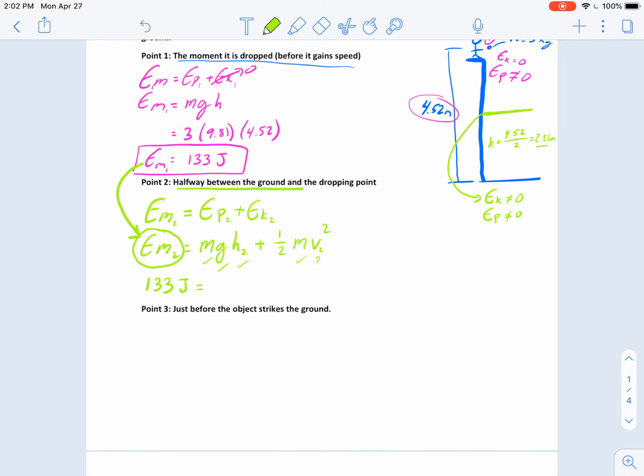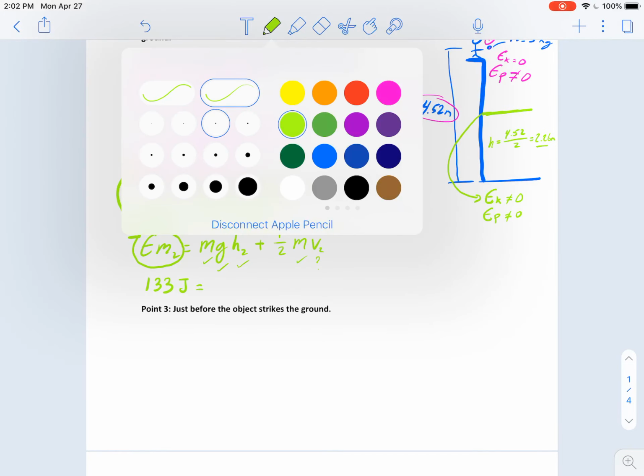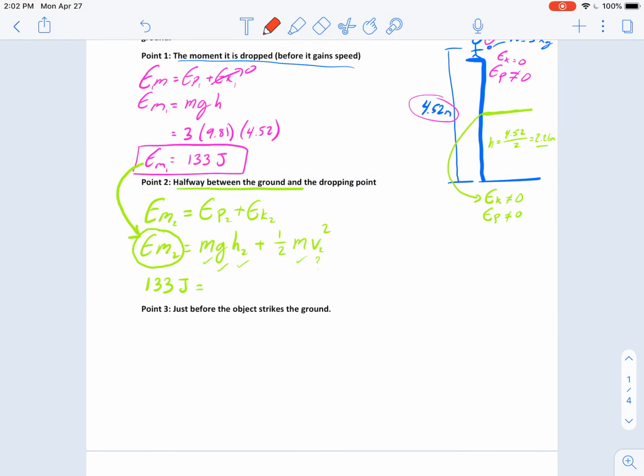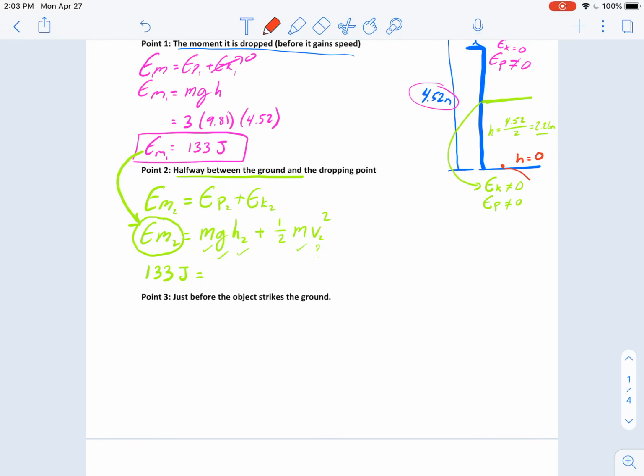Now let's look at the energy just before it hits the ground. I'll use red. Right there. So it has a height of 0, which tells me our EP, which is m times g times h, if that h is 0, then that whole thing equals 0.